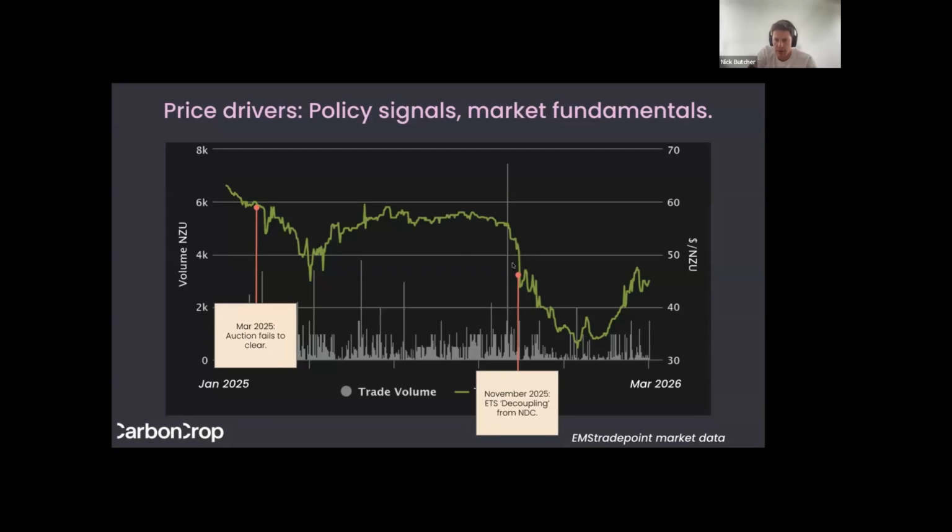However, in November, there was this announcement from the government that included, among other things, a decoupling in law of the ETS from the NDC.